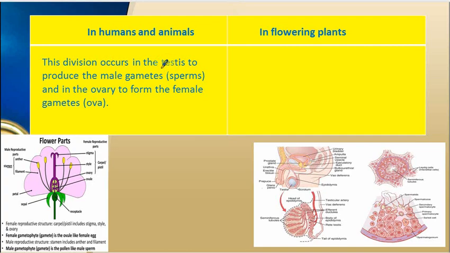So, testis produces the male gamete, which is sperm, and the ovary produces the female gamete, which is ovum. Plural of ovum is ova. Plural of sperm is sperms.